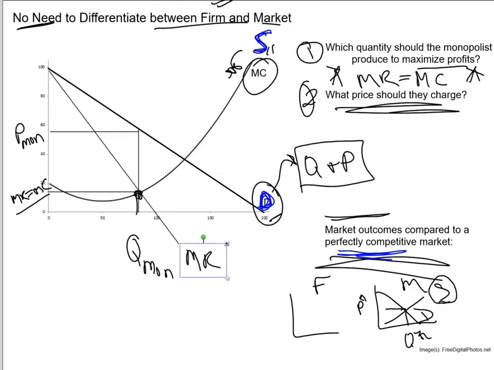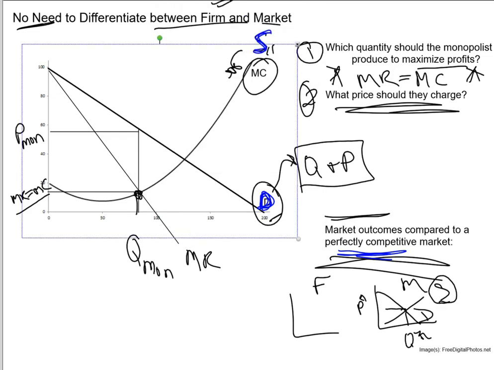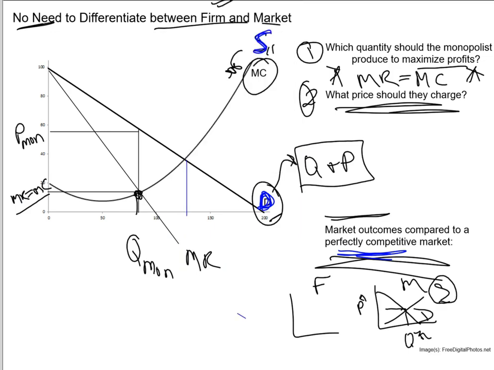Where supply and demand intersect, we've been doing that for a bunch of topics now. Where supply and demand intersect horizontally, that's Q star. That's the quantity that gets bought and sold in a perfectly competitive market.